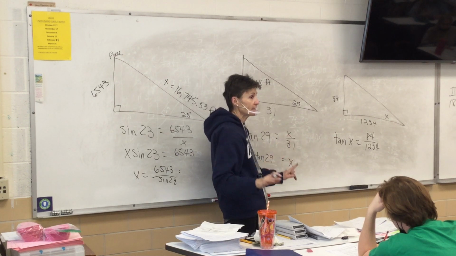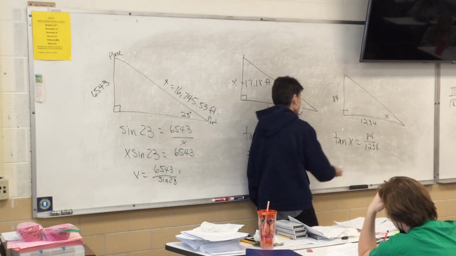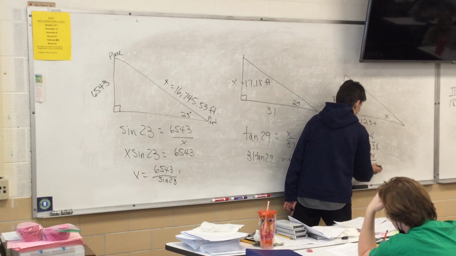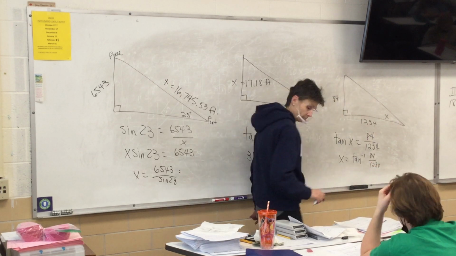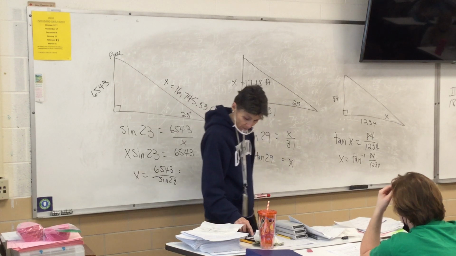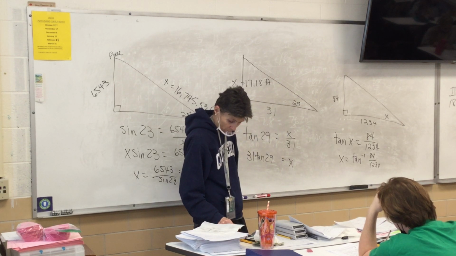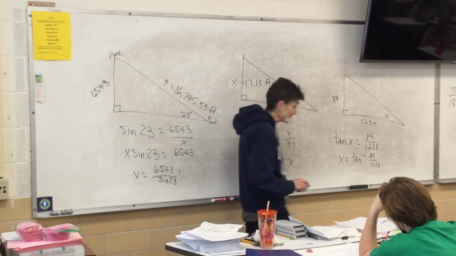Whoa, how do I type this in? Second tangent. So second tangent, 84 divided by 1, 2, 3, 4. 3.89 degrees.